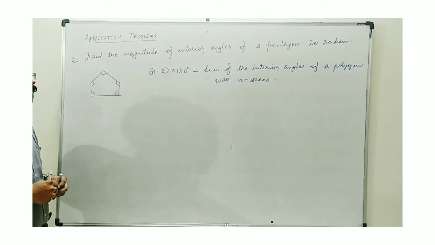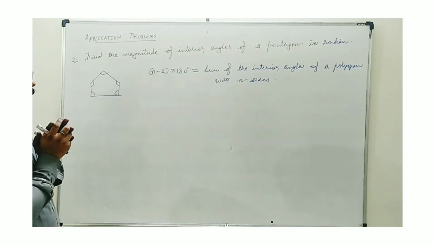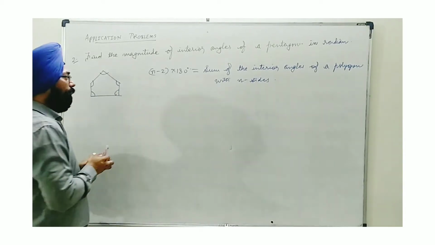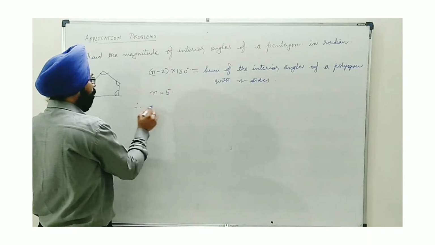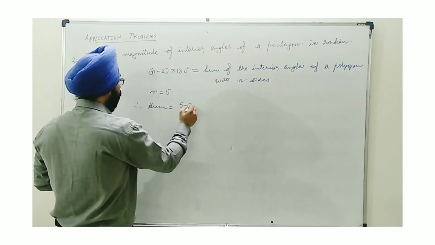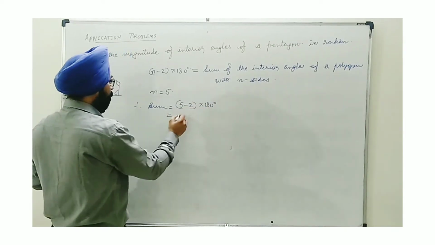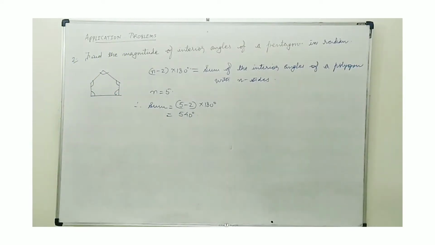Okay, so we have seen this. We are talking about the angles of a pentagon, so obviously here we can find it out. This will be 5 sides, n equal to 5. So the sum of all the angles will be 5 minus 2 into 180 degrees. So it comes to 540 degrees.